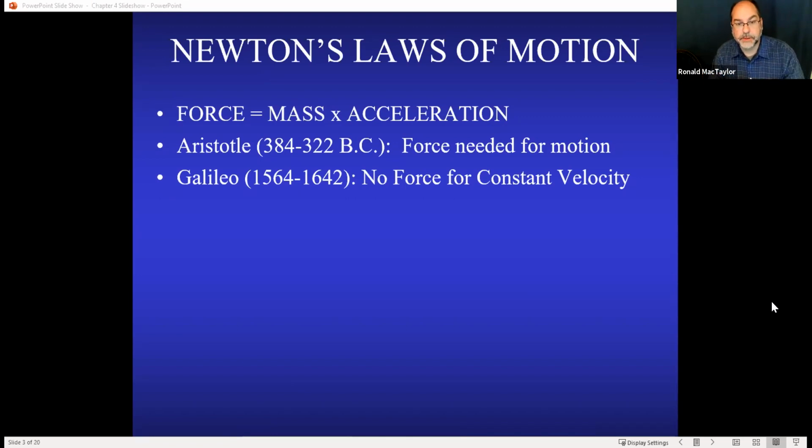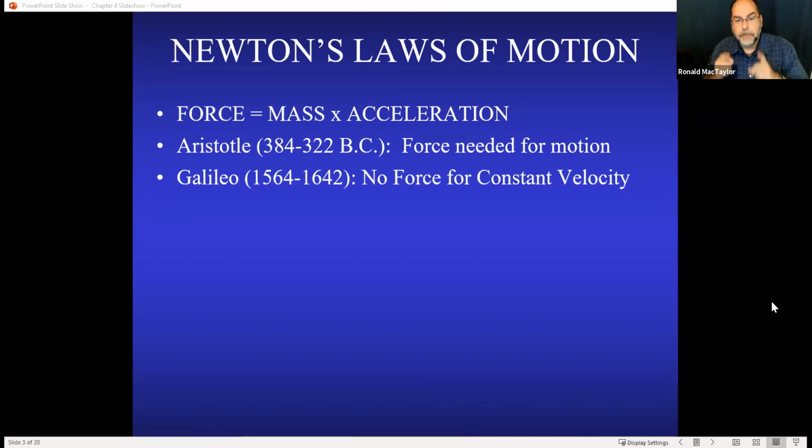So there's the Aristotle understanding, force needed for motion. But if I give it a really good shove, it'll keep moving for a while until it slows down and stops. And the smoothness of the marble floor has a direct correlation to how far something will slide once I give it a good shove.